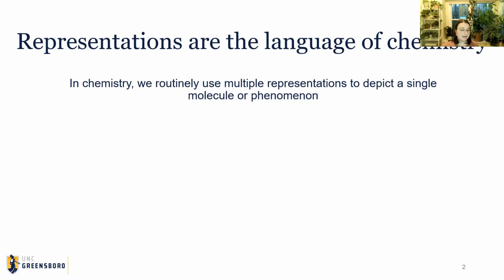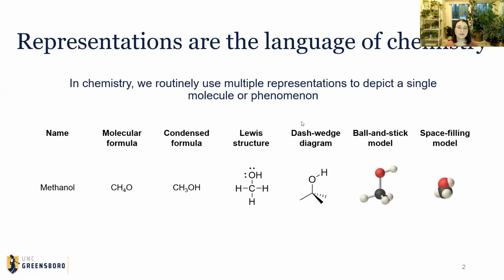But this task is even more difficult for them because now not only do they have to learn about representations, they also have to learn about various representations. And in chemistry, we routinely use multiple representations to depict the same idea, same molecule, same phenomenon.